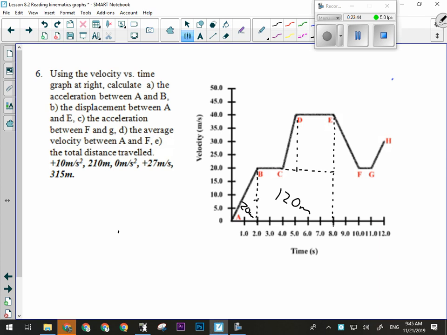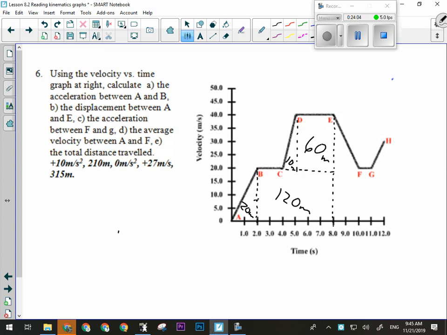Then I have this triangle that has a height of 20 and a base of only 1 second, so 20 times 1 is 20, over 2 is 10. And then I've got this box that has a height of 20 and a base of 3, so that's 60 meters.